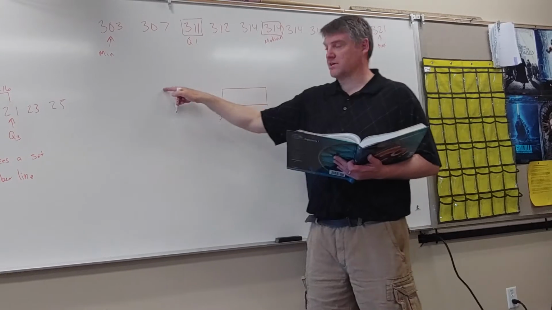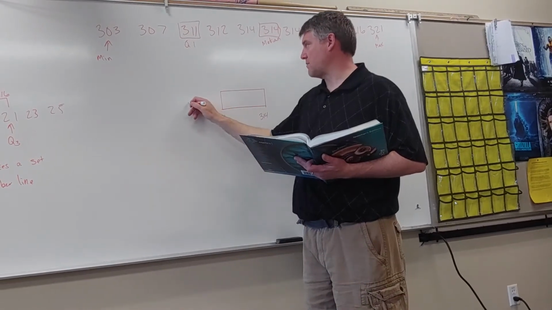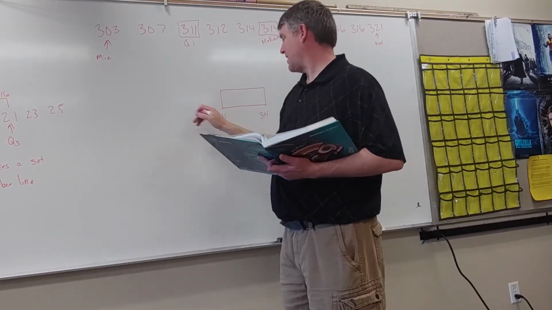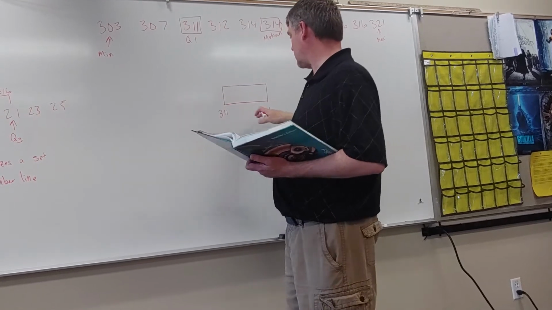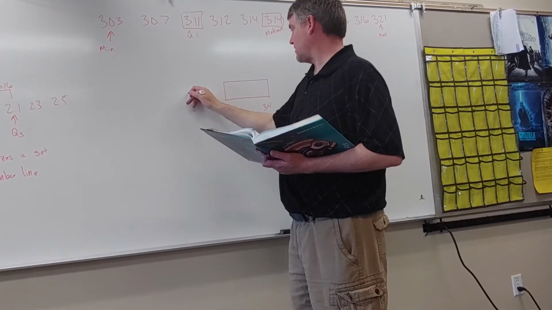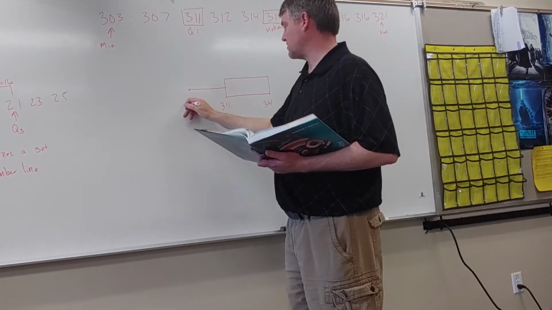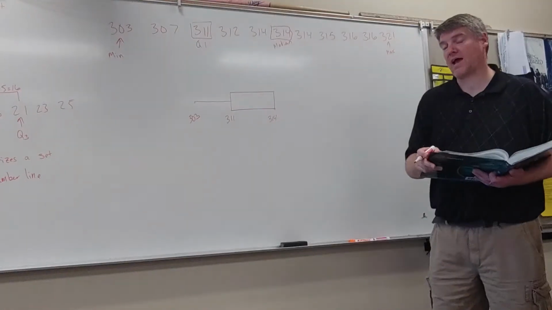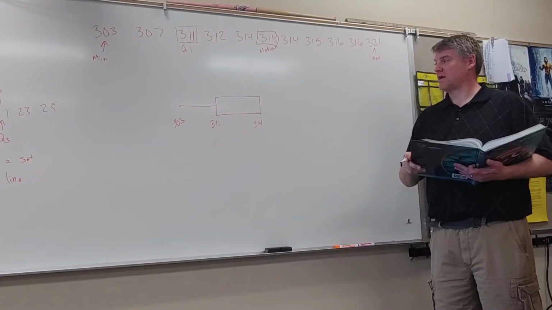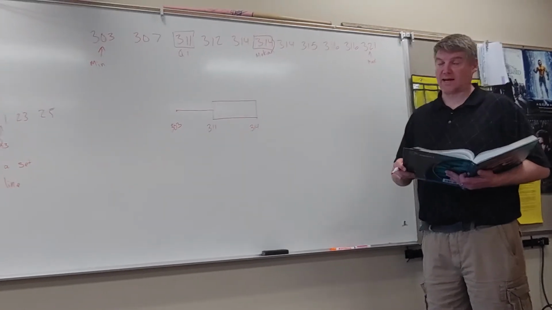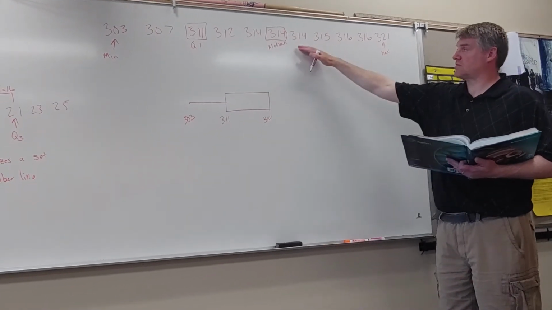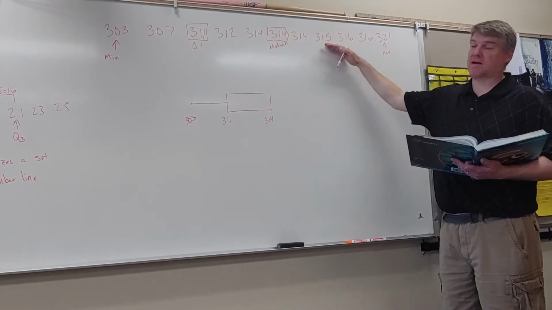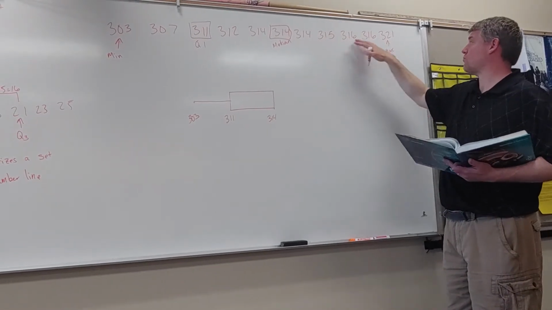Now my whisker is going to extend down to my minimum. Okay. And it's fairly different. So we have down here, there's my whisker, and this point here is going to be 303. Okay, so that's the bottom half of my box and whisker plot. Now to find the upper half, I'm going to do the same thing here. I'm going to find the median of my upper values, 1, 2, 3, 4, 5.